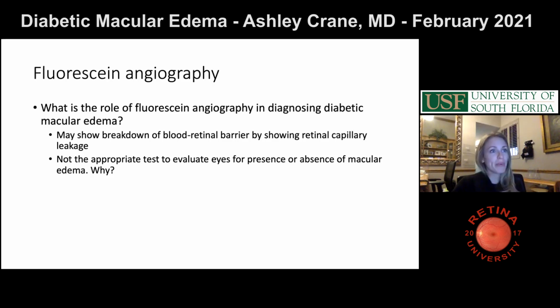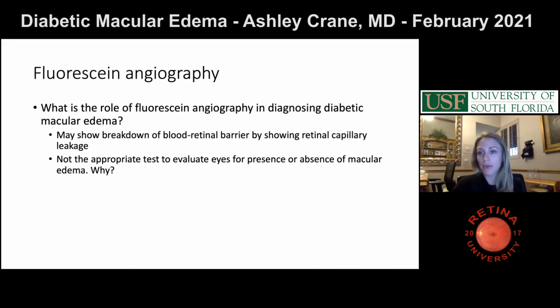Maybe Philip? Or really anybody? Why might it not be the best test? I would assume OCT is more sensitive for the macular edema. That's true in some ways, but maybe the opposite could be true too, because you can see small vessel leakage in the macula on FA in lots of diabetics, but they might not actually show leakage on the OCT.